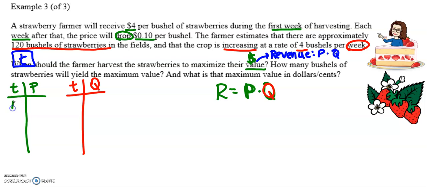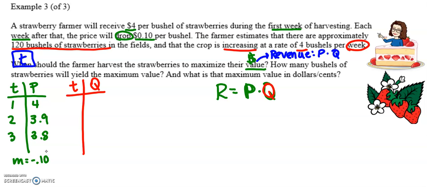So in week 1, we are selling at $4 is the price of a bushel of strawberries. In the second week, we lose 10 cents. So now we're selling at 3.9, which means that if I think about this in a continuing pattern, my slope is negative 10 cents, right?